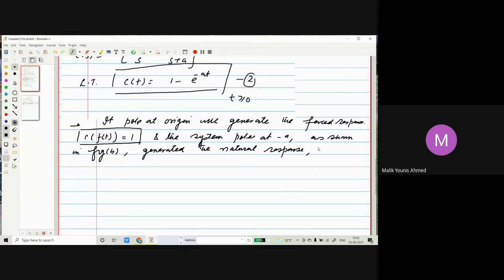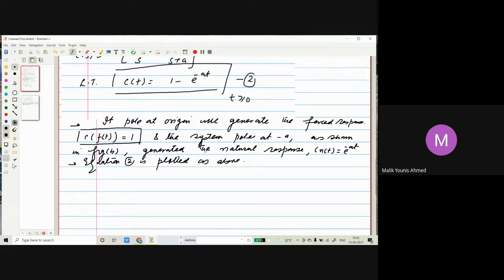That is Cn, natural response of t, is the exponential response e raised power minus at. So equation 2 can be plotted, we will show equation 2 plotted in the figure above.